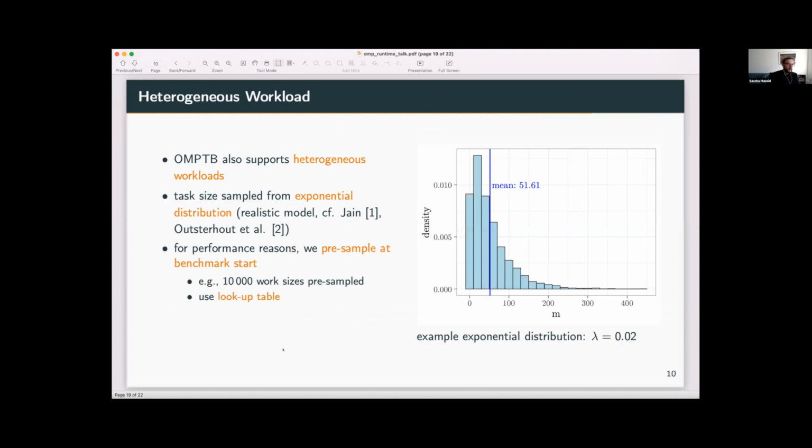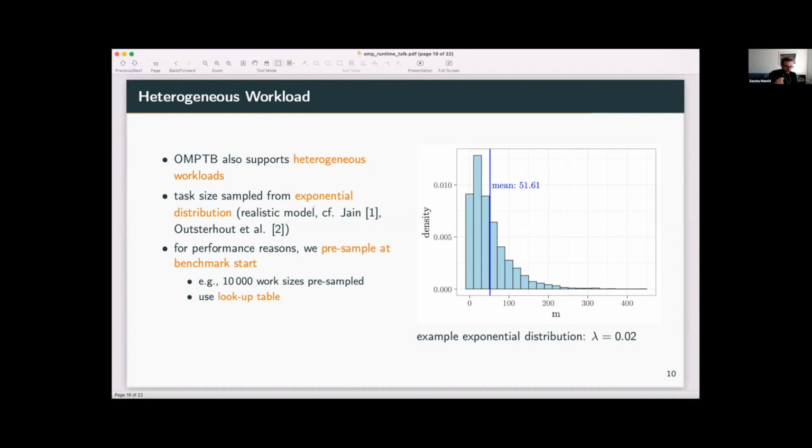So I'm almost done. And one particularly important thing was looking at heterogeneous workloads. So now we have a lot of tasks that have the same size, the same length. So what if we present the runtime scheduler with something more heterogeneous and in a more reproducible setting? So we look at distributions, and especially an exponential distribution.